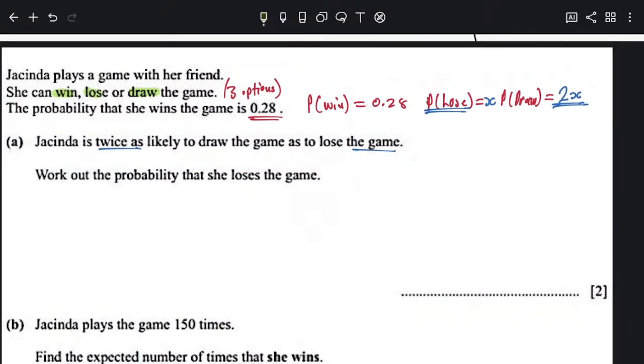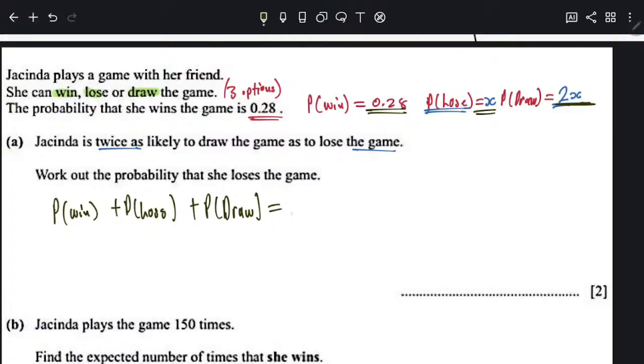You have this probability, you want to find others, and you know they should add to give me 1. So you're going to say probability of win plus probability of loss plus the probability of a draw. All this should give us 1, because probabilities add to give you 1.